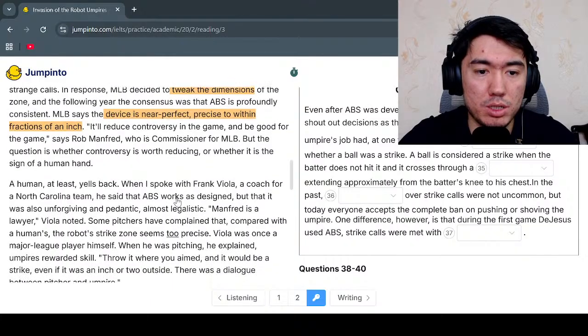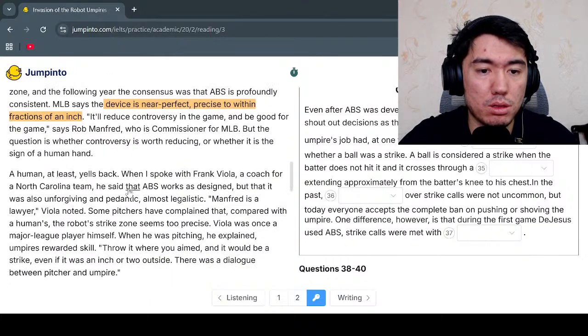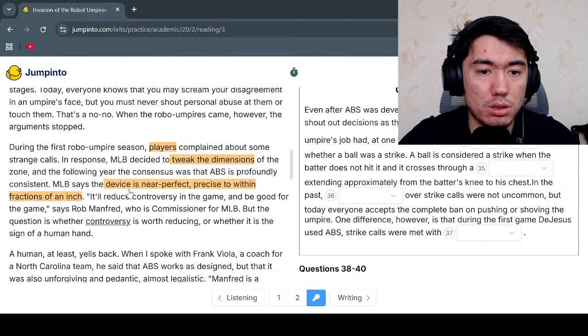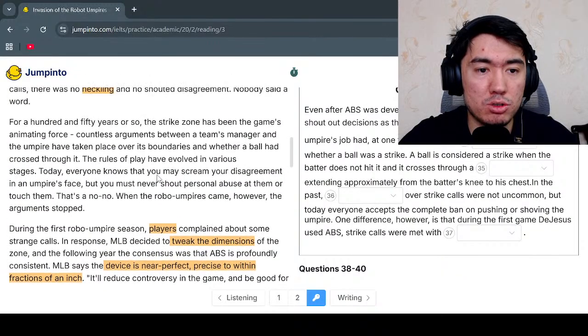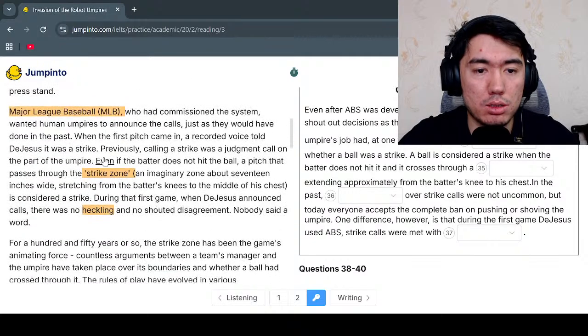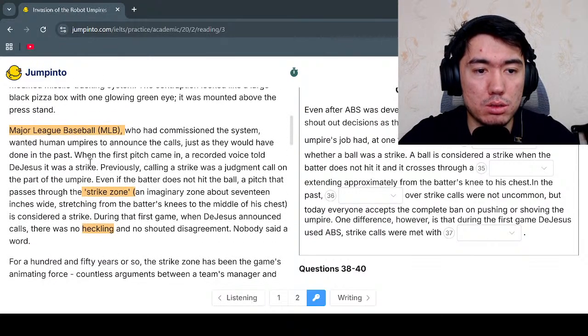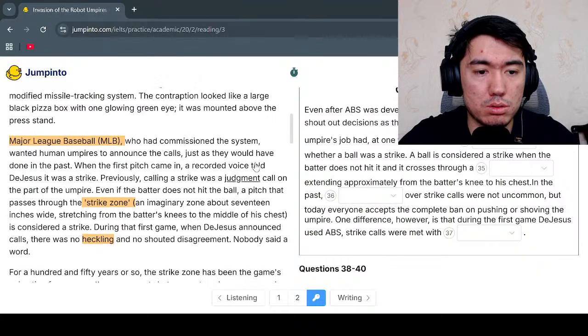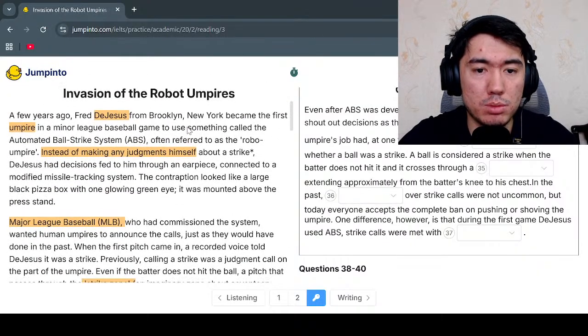I think I missed it. Complained about some of the strange calls, decided to tweak the dimensions. The rules of play evolved. Okay. Yeah, I think it was in the beginning.